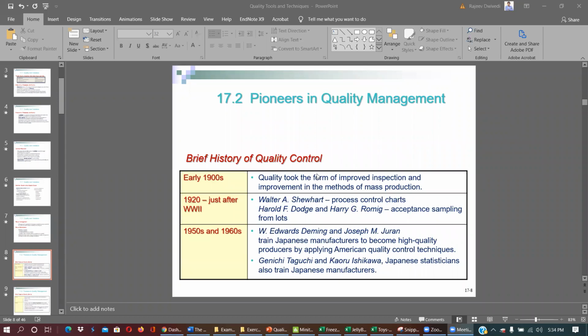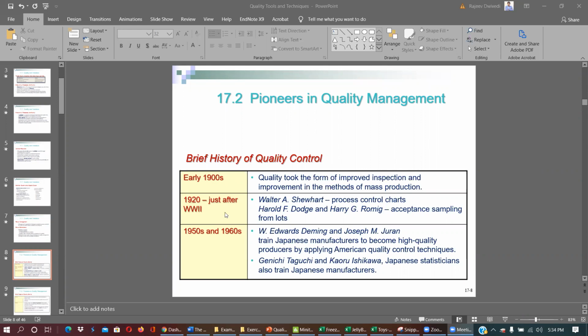This is another important thing. When quality control or quality management started, who were the pioneers? I would like to give a little brief about the early 1900s. Quality took the form of improved inspection and improvement in the methods of mass production.